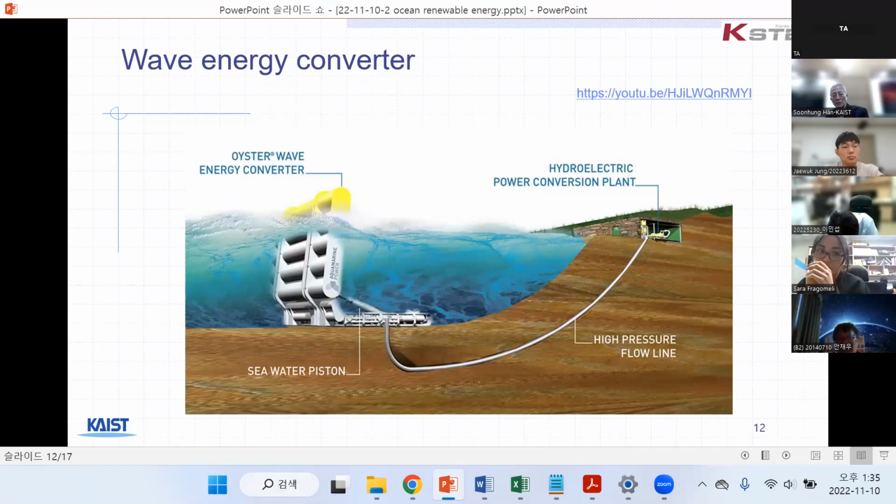Then the cylinder or piston is moving up and down, so that you see the seawater piston here, that gives a change of pressure inside the flow line, and a hydroelectric power conversion plant is on the land nearby. So wave energy is also converted.